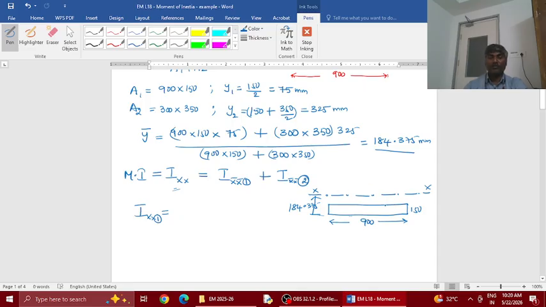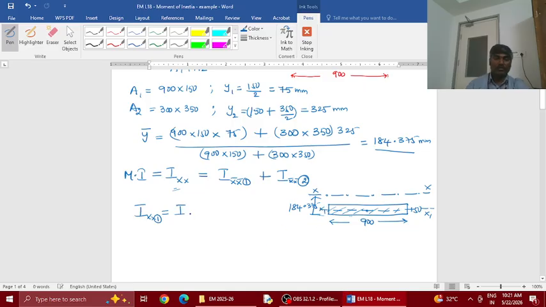I want the moment of inertia of this figure about this line, so we need to go for the parallel axis theorem. Identify a parallel axis for this line passing through the centroid of the given figure. This is the centroidal line, which we call x1, for the first figure.